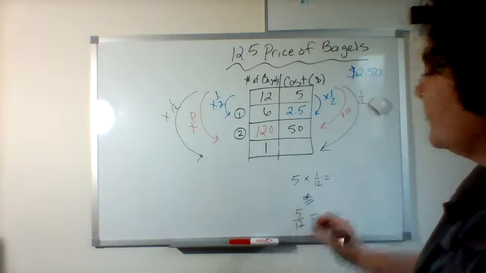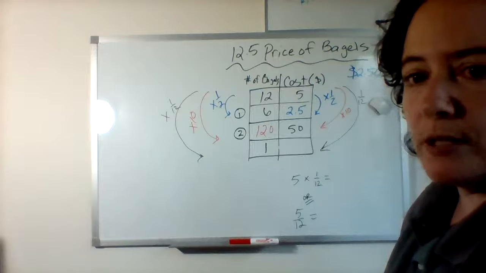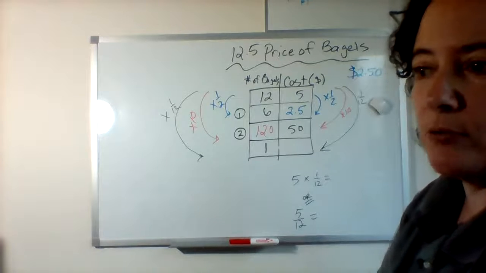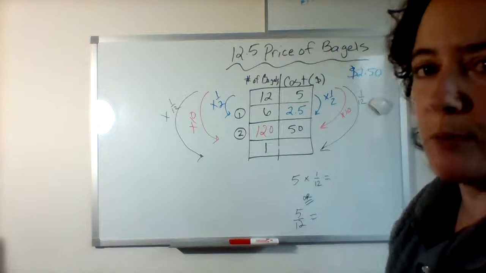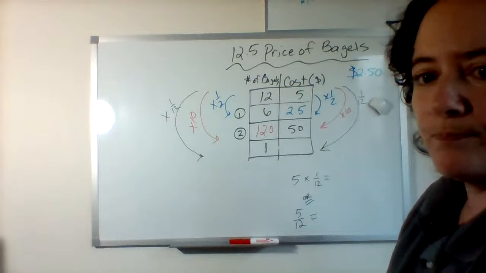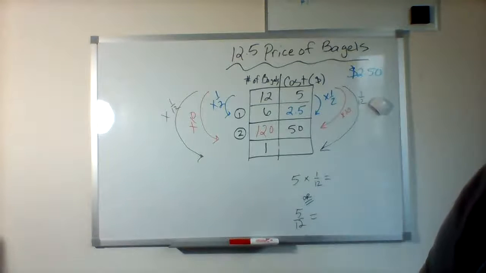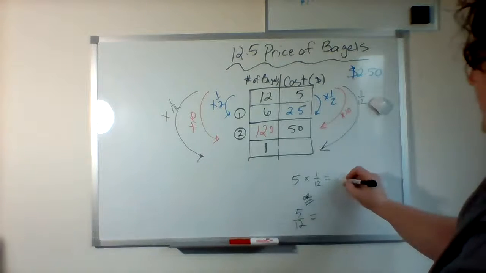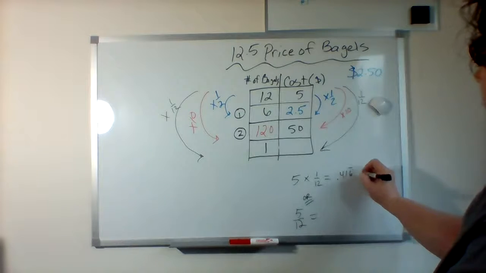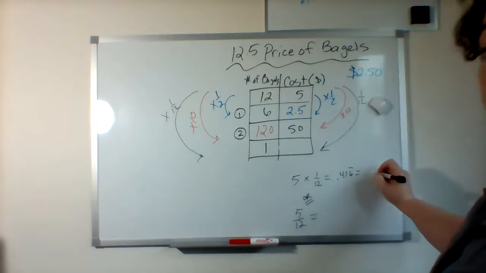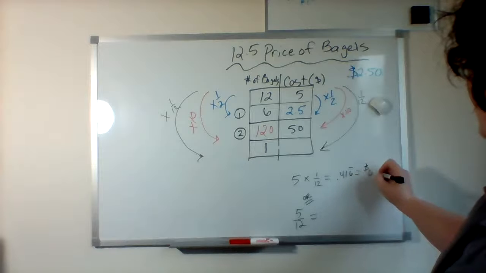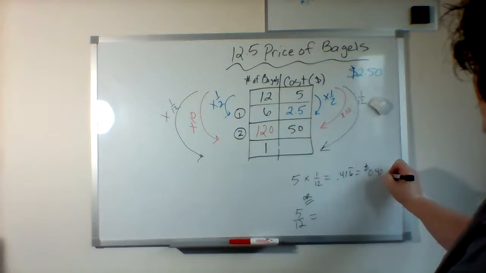Same answer. And remember that it's money, so I need you to estimate like you were at the register and the cashier told you how much money. Everyone should have gotten 0.416 repeating, so that in money would be no dollars and 42 cents.